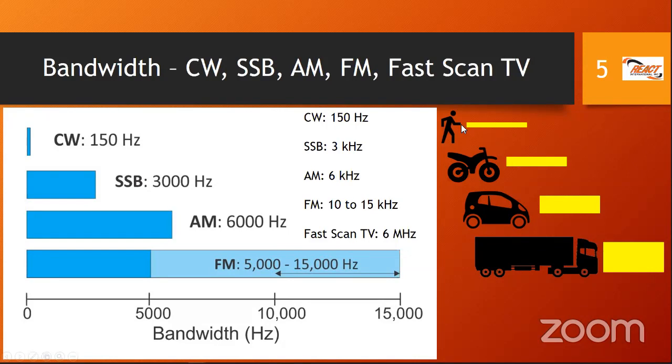So each of the modes have their own advantages and disadvantages, but just bear in mind the efficiency or the amount of space occupied by the various modes vary, and you could think of them in terms of modes of transportation. How wide is your lane? How much bandwidth do you occupy?